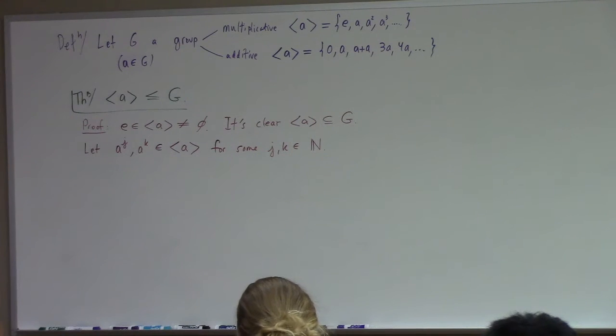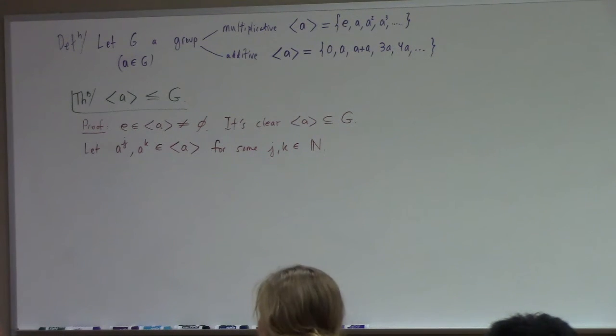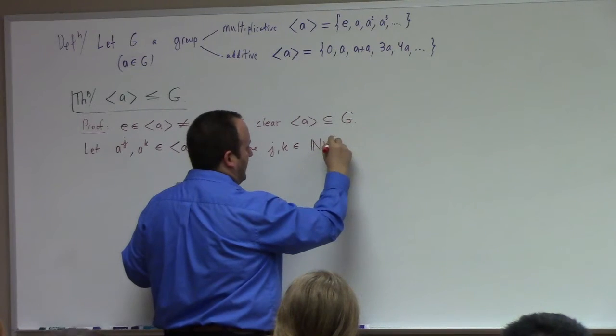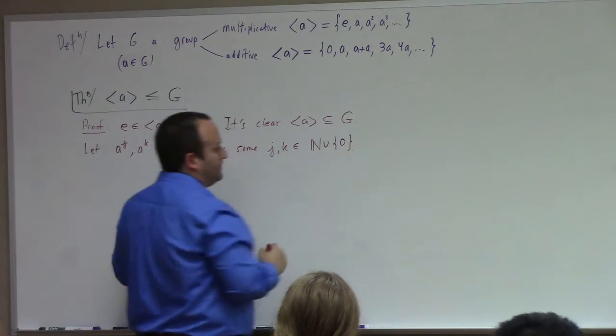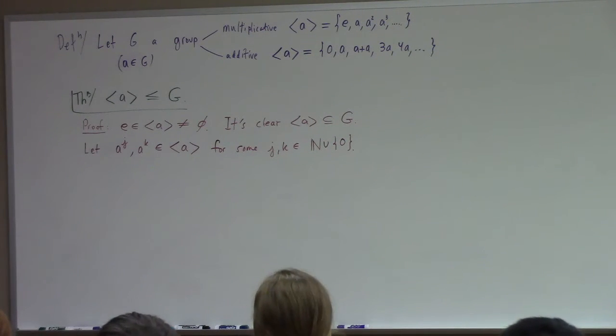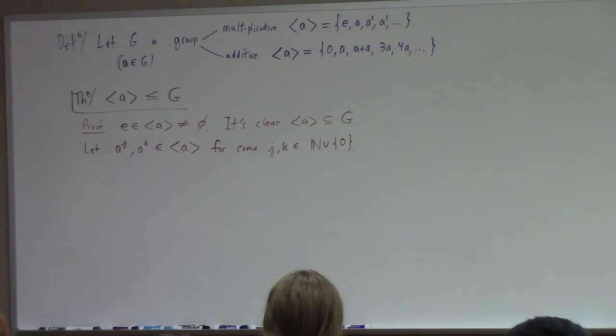I mean, it's clear that if we multiply the identity times anything, it's back in the group again, right? So let's just look at these again. I guess if you want, fine, let me just be complete. I might as well just do this. There. Now those are two arbitrary group elements, right? So let's multiply them.